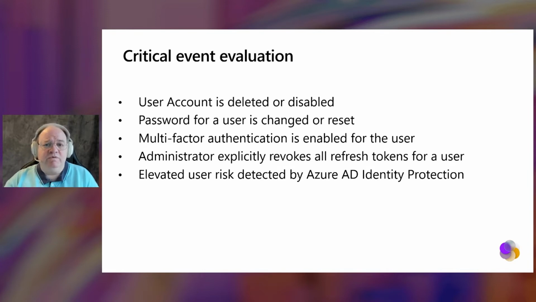And if the user were to move into a high-risk category, perhaps an impossible travel situation has occurred, or their activity is coming from an endpoint we know, or an internet address we know where a lot of bad actor activity is happening, we could also send a message to Microsoft Graph saying, hey, continuous access evaluation is saying, don't accept this user's token if it was issued before noon.